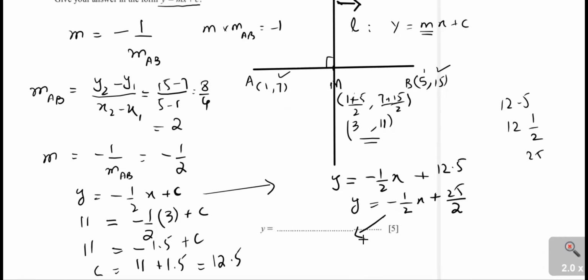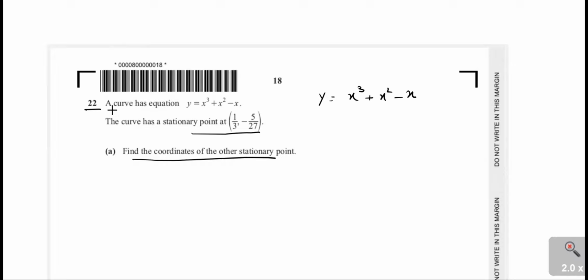This is the answer. Question 22, the curve has equation y equal to x cube plus x square minus x. The curve has stationary points. Find the coordinates of the other stationary point. To calculate the stationary point, firstly we will calculate dy over dx of this equation.